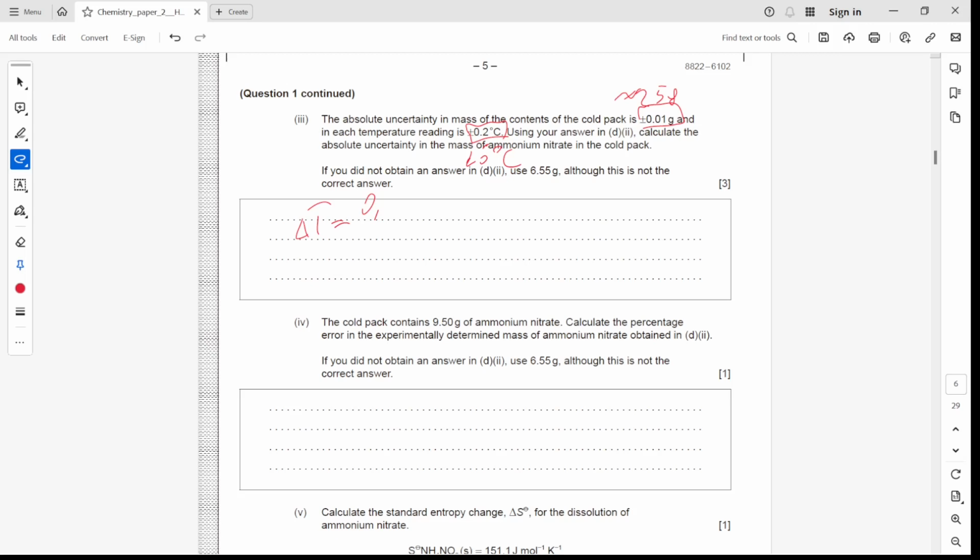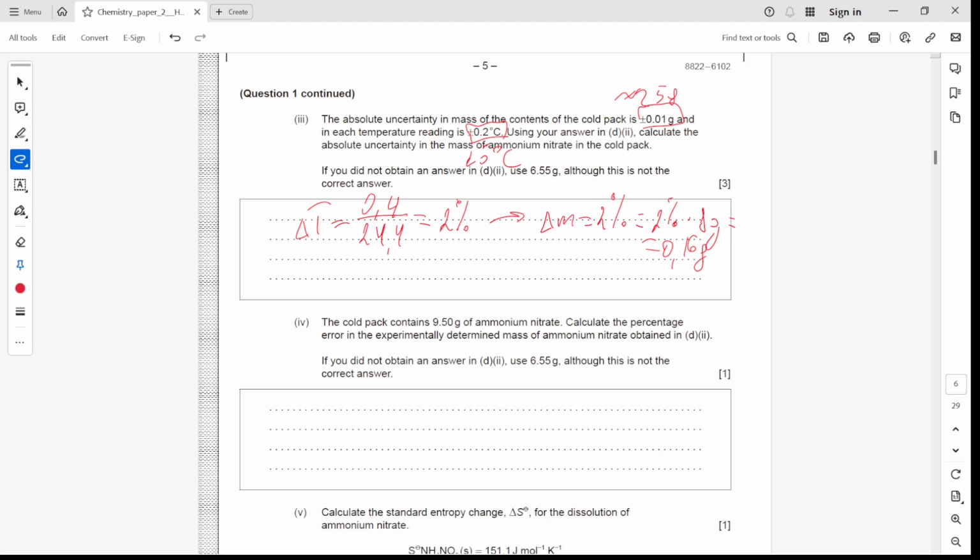So it would be 0.4 divided by the change of the temperature, 24.4, and it's around 2%. So then the error of the mass is also around 2%, and the error in grams would be 2% of 8 grams, it's 0.16 grams.